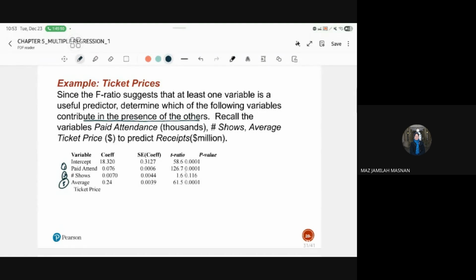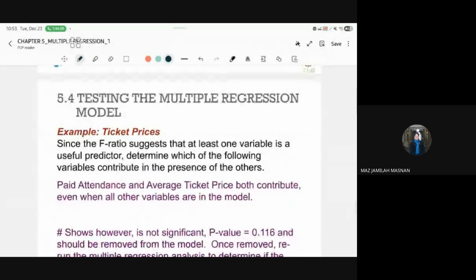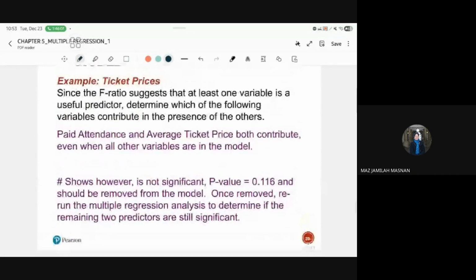See for each of the p-values: this one is significant, this one is not significant, this one is significant. So how do we interpret this model?